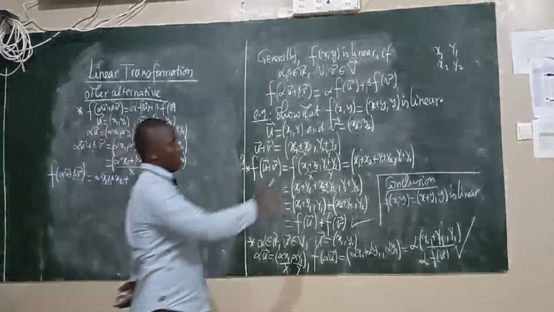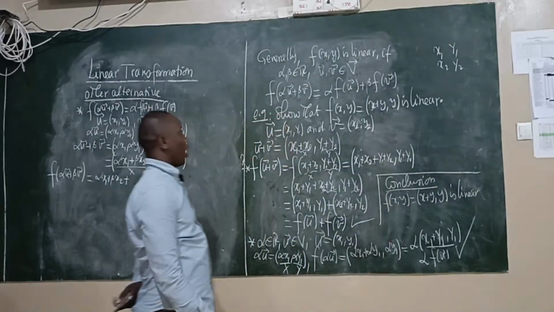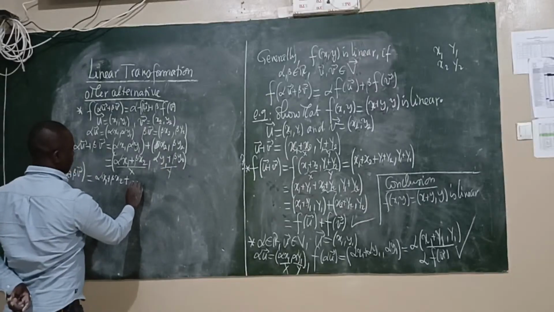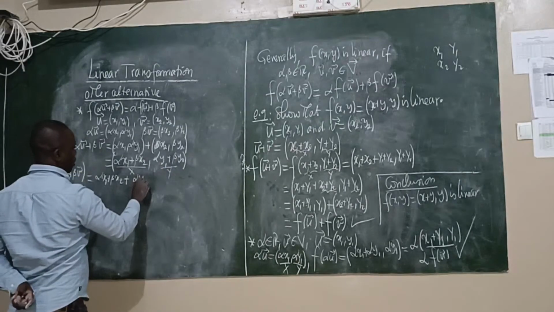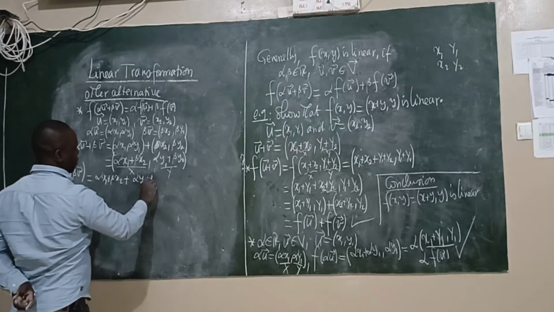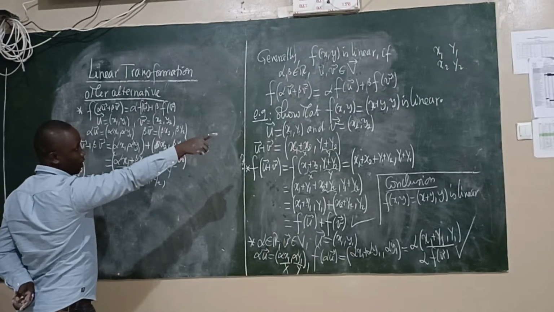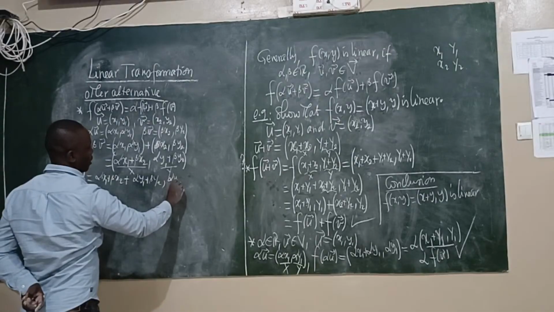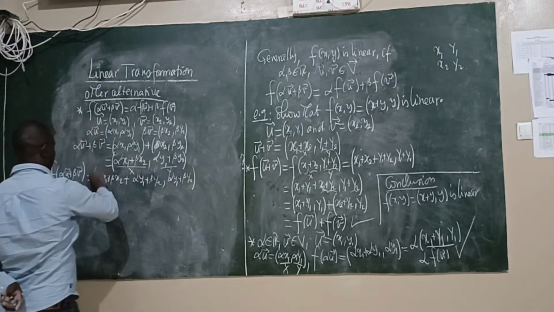Here is plus y. I told you that y is going to have the value, which is this. This is going to be alpha y1 plus beta y2. That is a comma y, and y has this value. Here is alpha y1 plus beta y2.